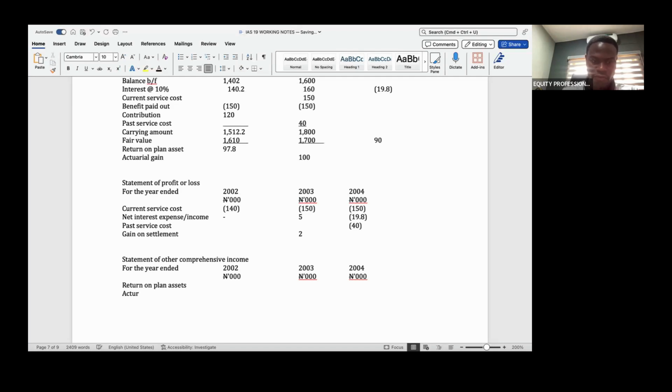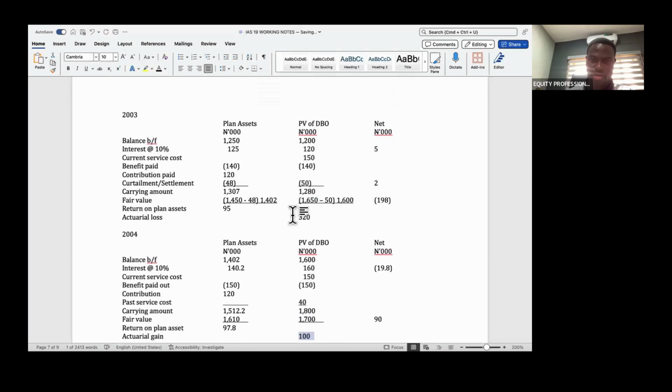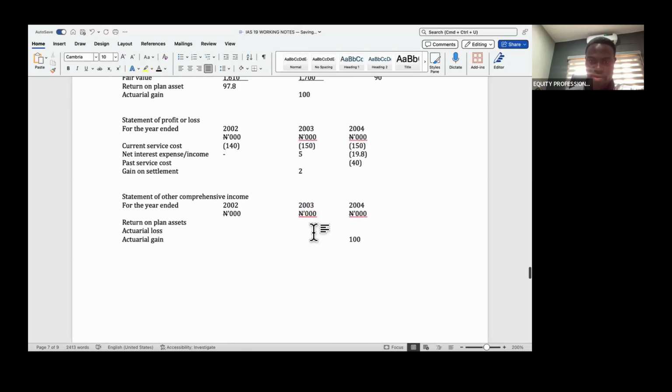I have actual loss, and I can have actual gain. In 2004, we had a gain. I had a gain of 100. In 2003, we had a loss of 320. We had a loss of 320.